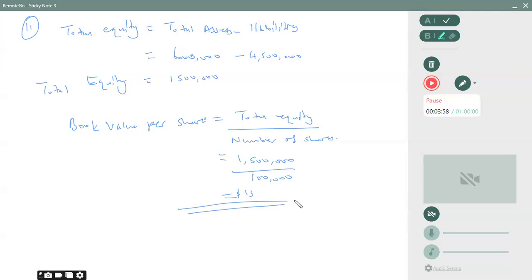All right, we can proceed. So the issue here was to know the formula for total equity, then the formula for book value, and then you manage.